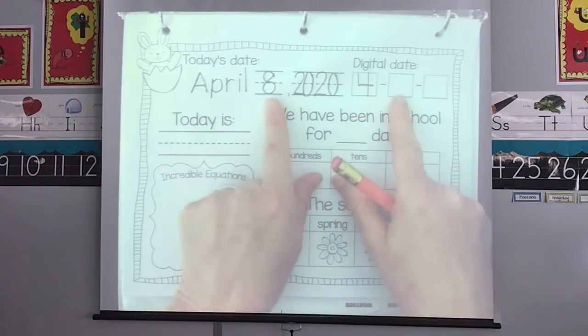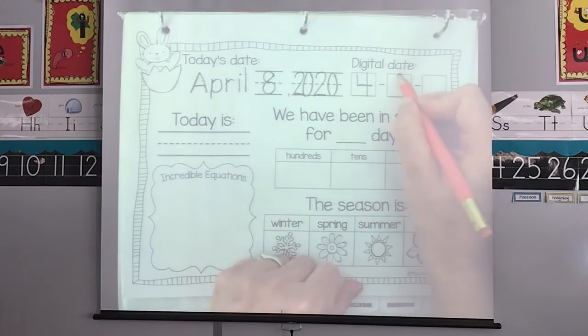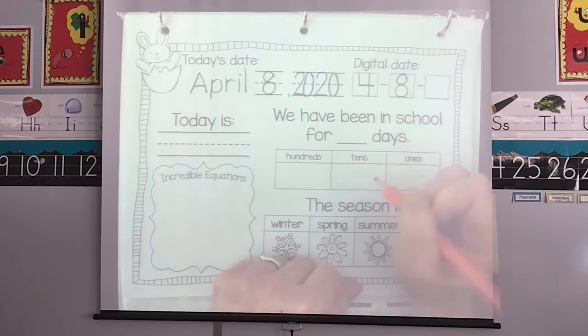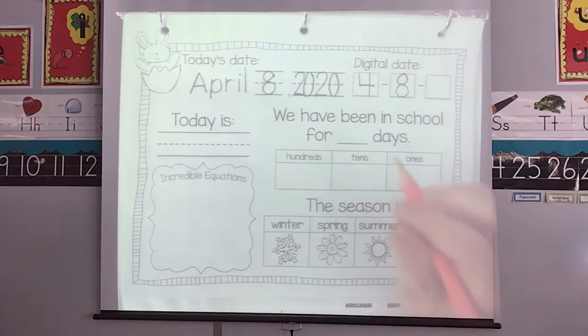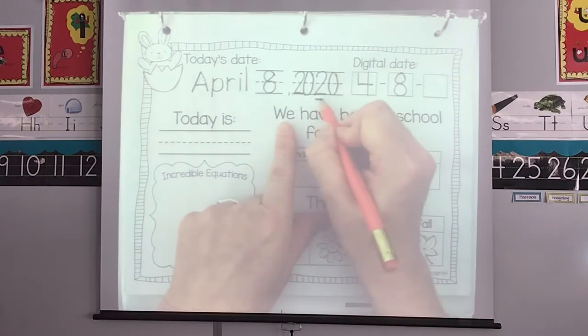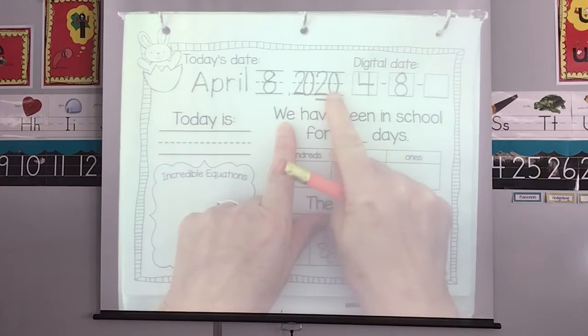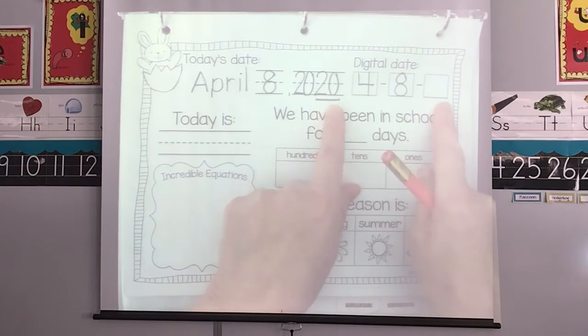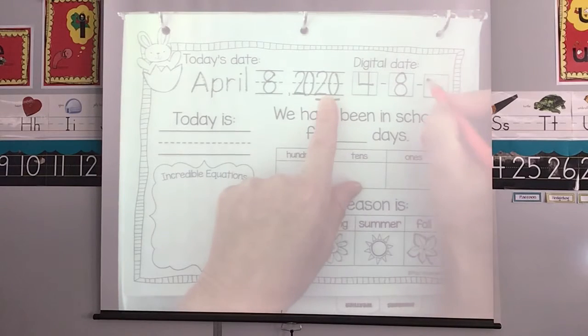April, today's day is 8. We're going to write our nice, neat capital S to start, and then bring it back up and around. And remember, S for Samuel or S for Silas. Our year is the last 2 digits of the year, what we use for the digital date. So it's 4, 8, that's right, 20. So just below the top line, reach up, angle down, slide right for your 2, and a big 0, the hero.